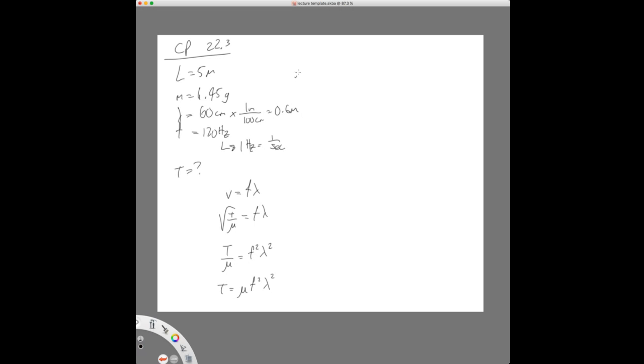And mu, which is the mass over the length, we want to convert that 1.45 grams into kilograms. So that's 0.00145 kilograms over 0.6 meters.